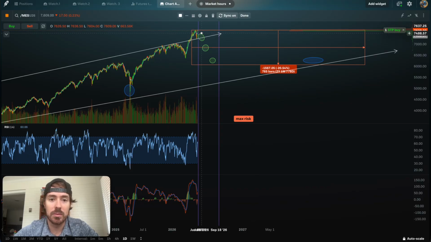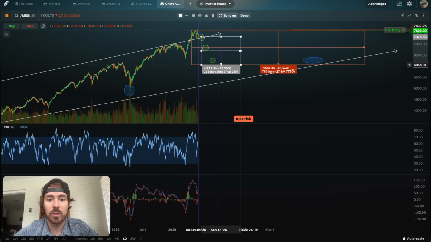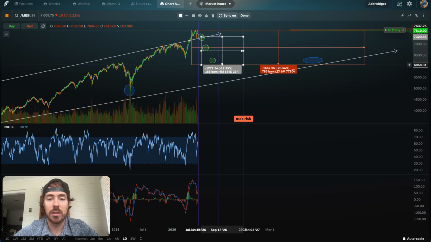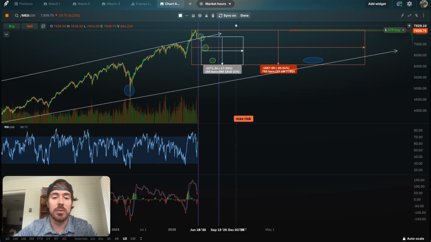So this position would have a 20% loss. Over here you read this 20%, and then this position would be negative 17. Essentially, you would do the math on each position.